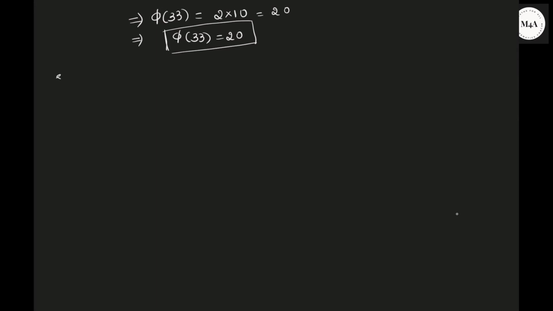So between 1 to 20 I am choosing E as 7, as 7 lies between 1 to 20 and 7 and 20 are relatively prime. Their GCD must be 1. This condition must hold.